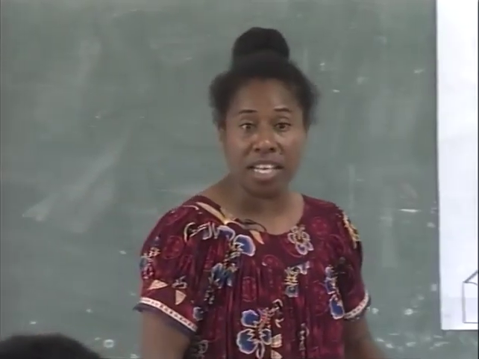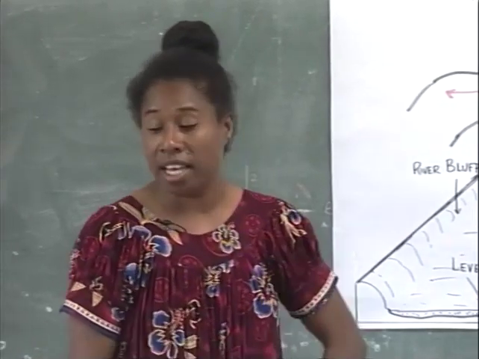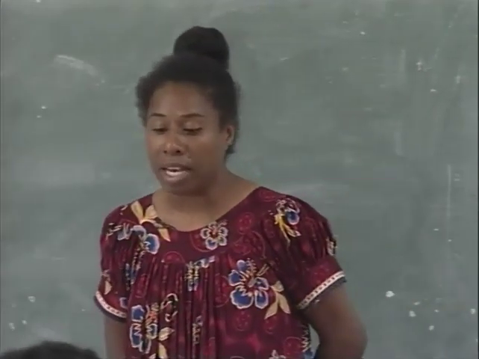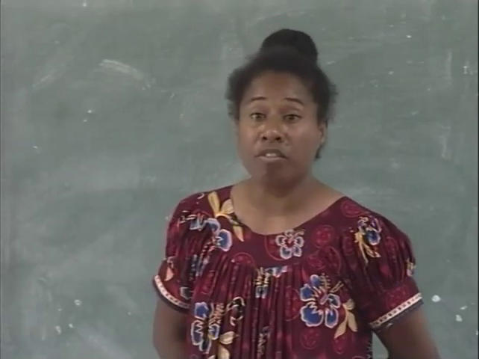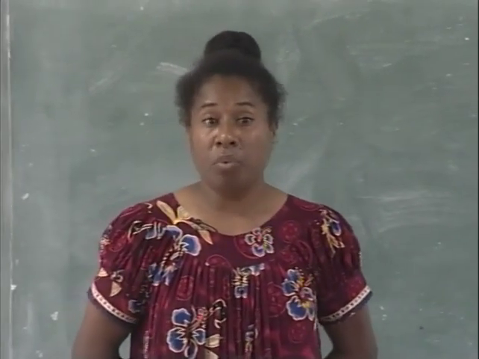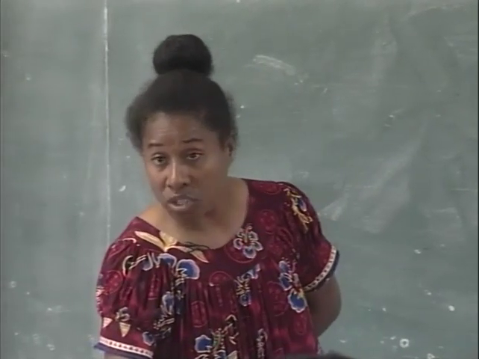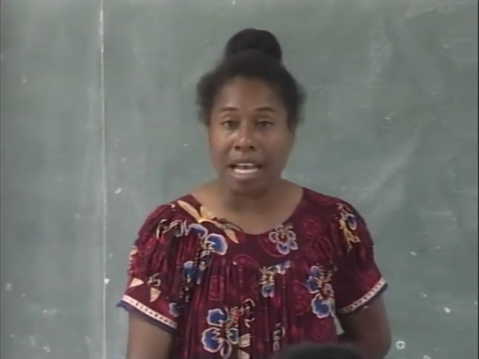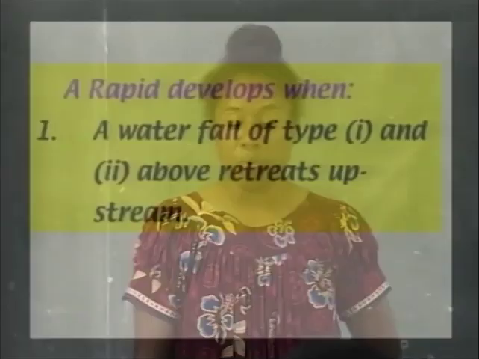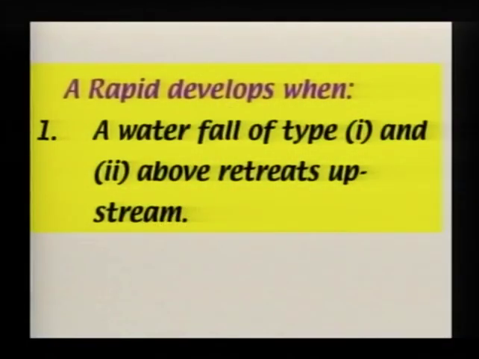Okay, looking at the first activity from our work yesterday, you were required, with the help of a well-labeled diagram, to explain the formation of a rapid. We have learned that there are 2 ways in which rapids can be formed. You could select from feature number 1, where a rapid develops when a waterfall of types 1 and 2 retreats upstream. When I'm referring to types 1 and 2, I'm referring back to the information we have covered on waterfalls.